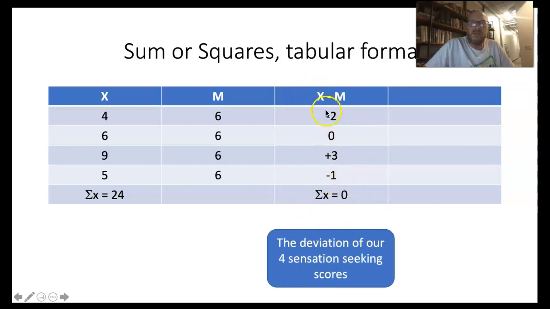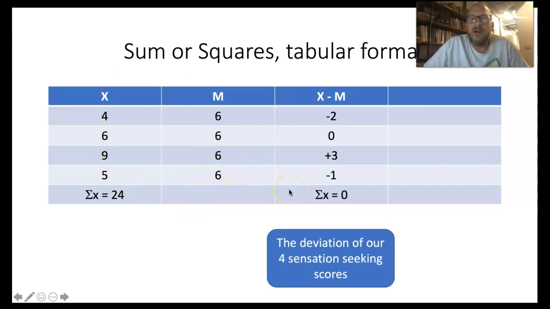So notice that in this column here, we're talking about how far people are from the mean. Not just how far they are, but that negative or positive sign says if they are higher or lower. Now, what I'd like to do in stats is say, well, here's what people's scores are, and on average, they have a 6.